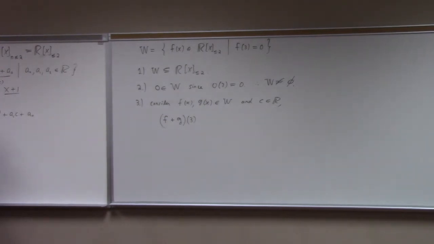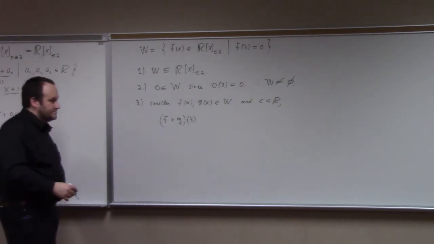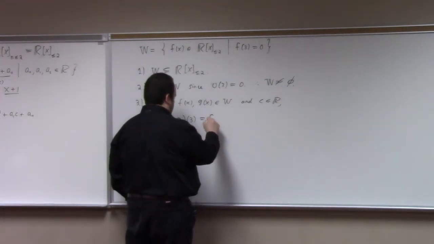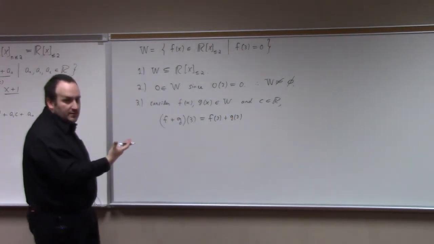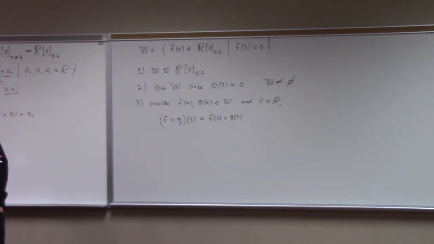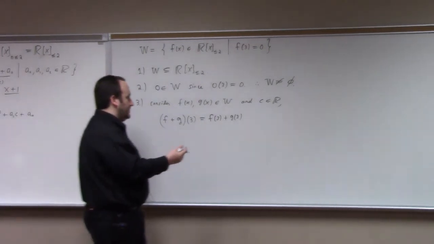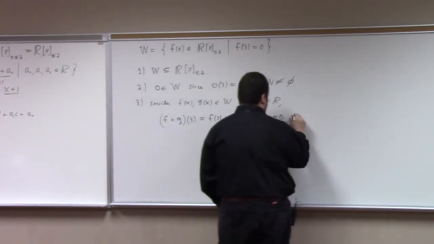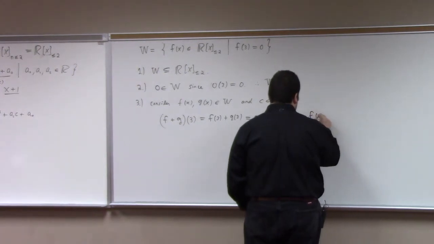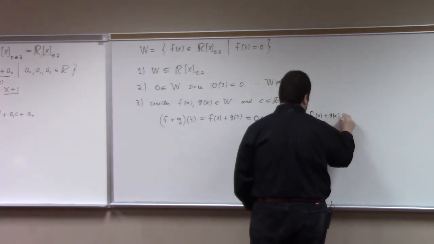So f plus g of 3, how do we define that? Remember, it's f of 3 plus g of 3, but we know by assumption that f and g are in W, so that means that f of 3 is 0, g of 3 is 0. So this is 0 plus 0, which is, by the way, 0. So that tells me, therefore, f of x plus g of x is in W.